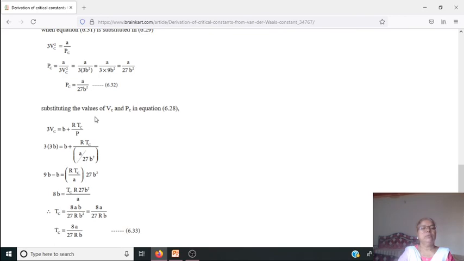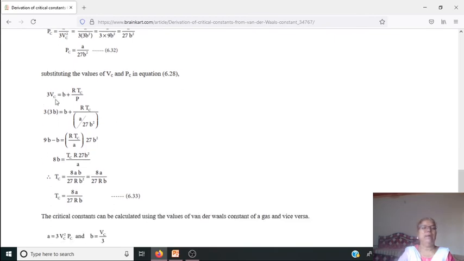Then substituting the values of Vc and Pc in equation number 6.28, we can write 3Pc is equal to B plus RTc by Pc.